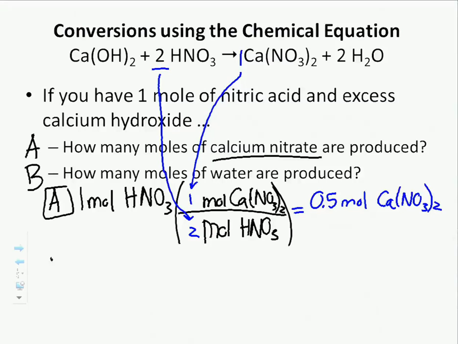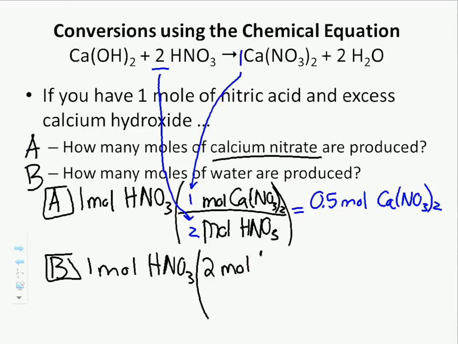Let's do part B now. 1 mole of nitric acid times, we're trying to get to water now, so 2 moles of water for every 2 moles of HNO3.